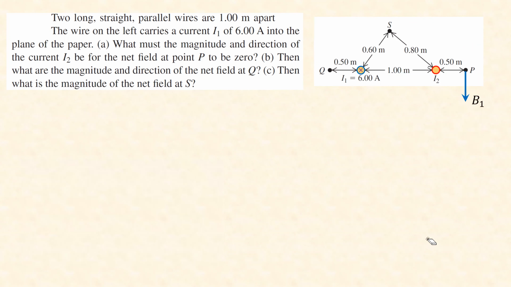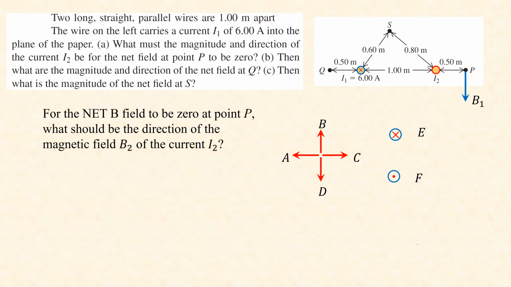Now, another question. Now we know that this is the magnetic field of I1 at this point. Now I want you to focus on I2. For the net B field to be 0 at point P, what should be the direction of the magnetic field B2 of the current I2?